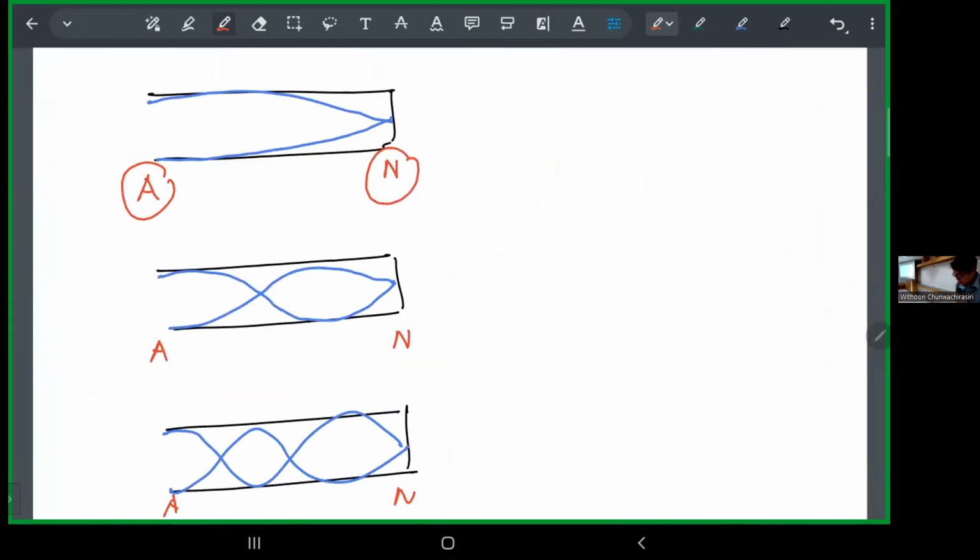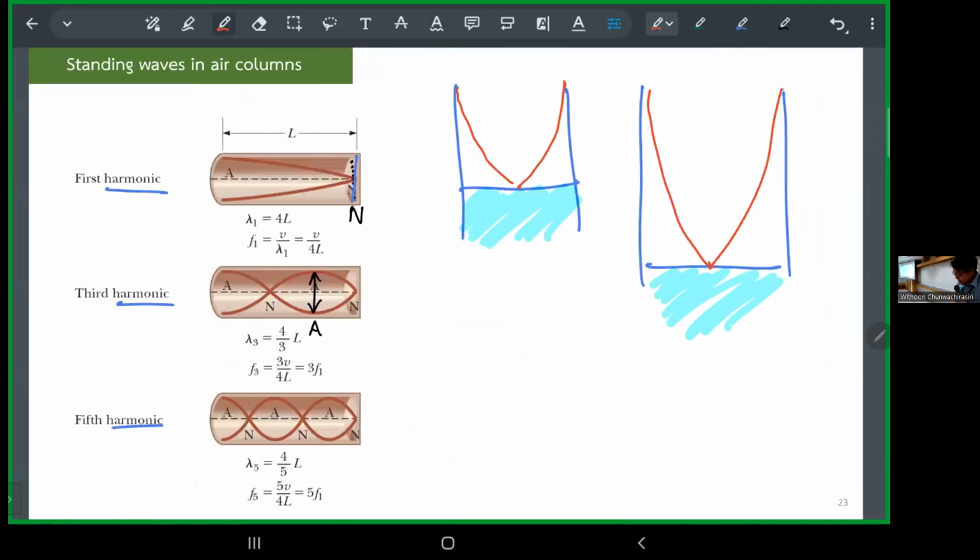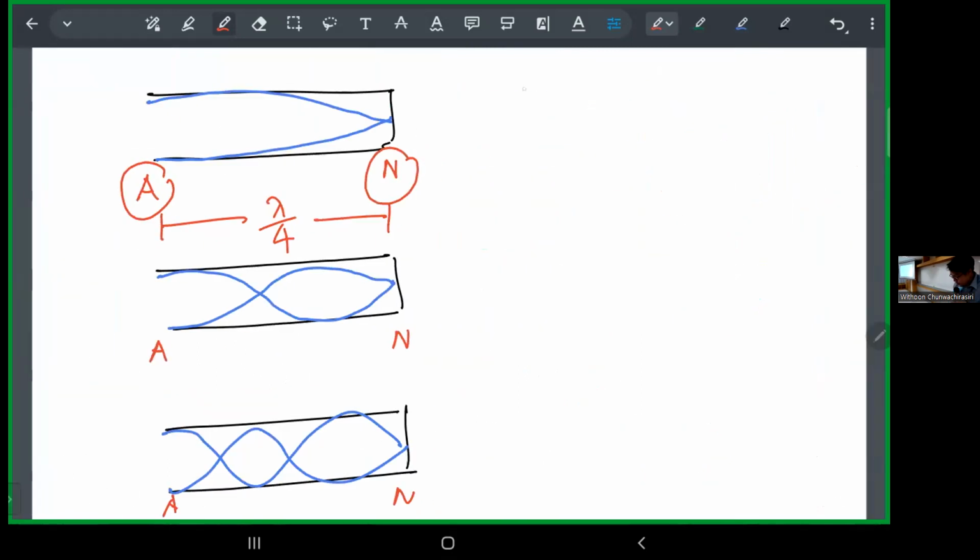So that means the separation between the node and the antinode will be half of the half, so it's going to be lambda over 4. Does that make sense? Okay. That means lambda over 4 is going to be the length of the tube. So the lambda of the wave that fits the condition of generating the standing wave is 4 times the length.